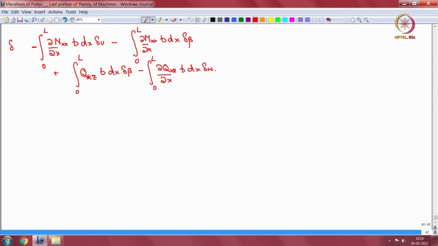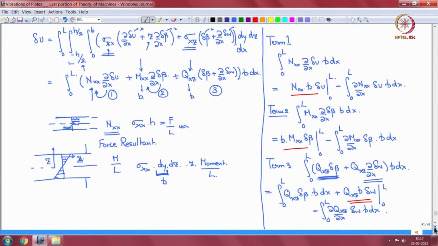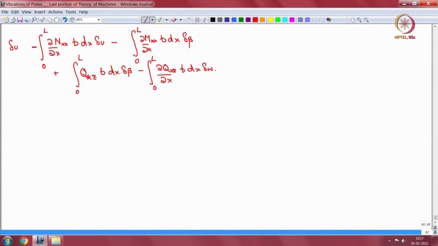This is the delta u term. Now there will be a time integral on that, delta u dt. That's one part. Now the kinetic energy part.